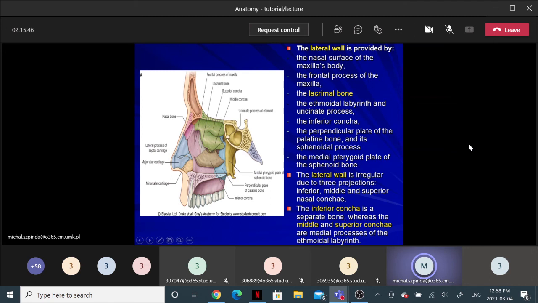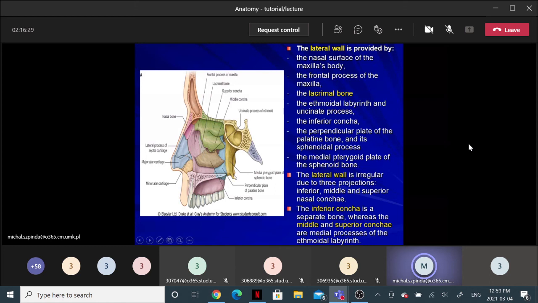The medial plate of the ethmoidal labyrinth gives us 2 or 3 nasal conchae, turbinate: middle nasal concha, superior nasal concha, and sometimes supreme nasal concha. Apart from this, the nasal cavity is positioned directly medial to the maxillary sinus. So all the surface visible here is the nasal surface of the maxillary body.